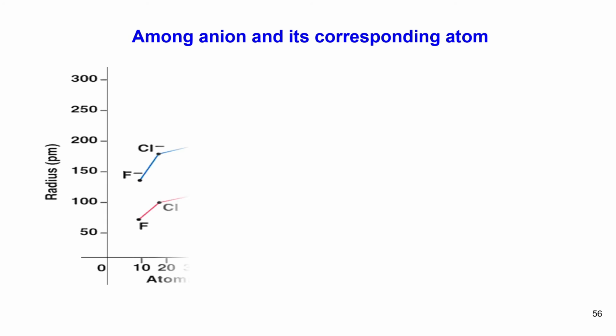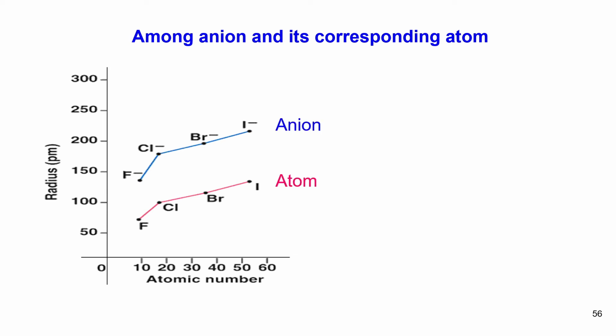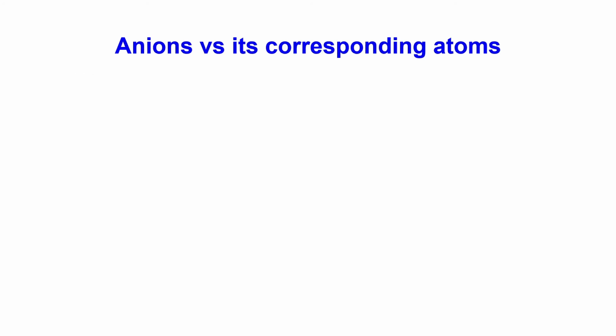The next one is among anion and its corresponding atom. Anion means we add electrons. So if we look at F and F minus, F minus is bigger. Cl and Cl minus, chloride has a bigger radius. Bromine and bromide, bromide has a bigger radius. Iodine and iodide, iodide has a bigger radius. The ones on top are anions, the ones below are atoms.